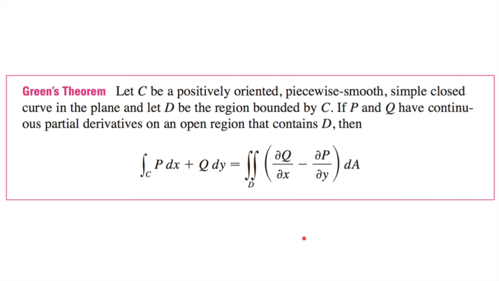So what is Green's theorem? Green's theorem states that if there's an integral of a function that can be written as the integral of P dx plus Q dy, where P and Q are functions of x and y, this line integral can be converted to the double integral of the curl, the partial derivative of Q with respect to x minus the partial derivative of P with respect to y, taken over the area of the region.